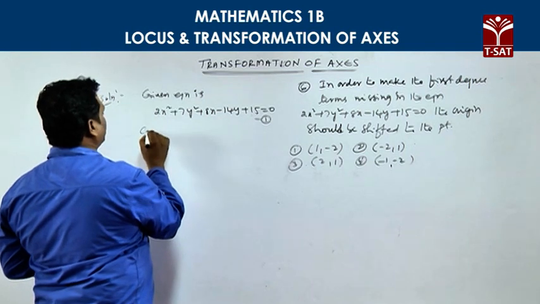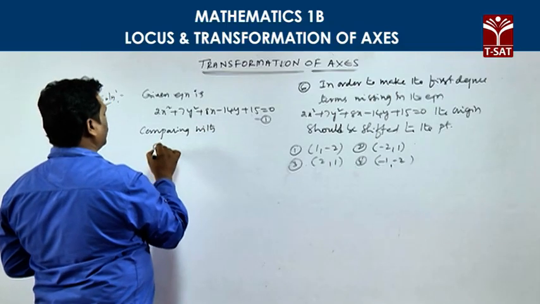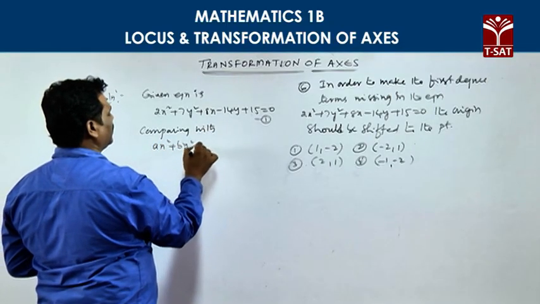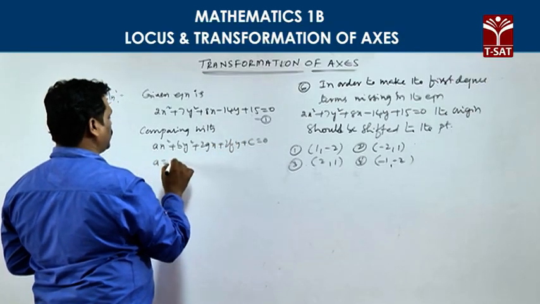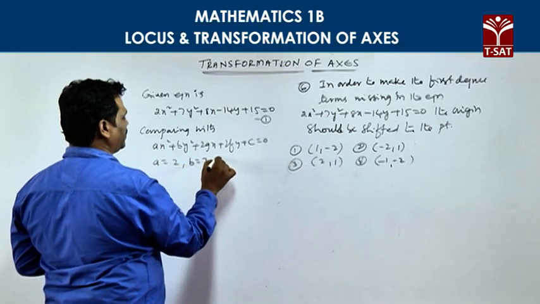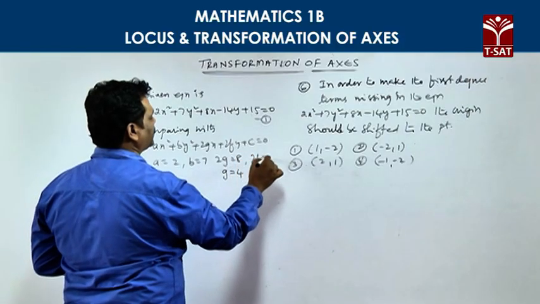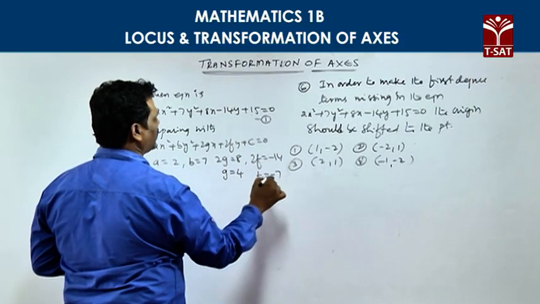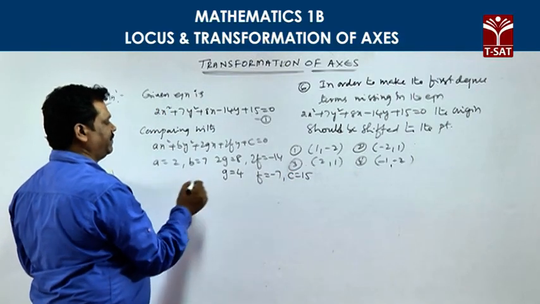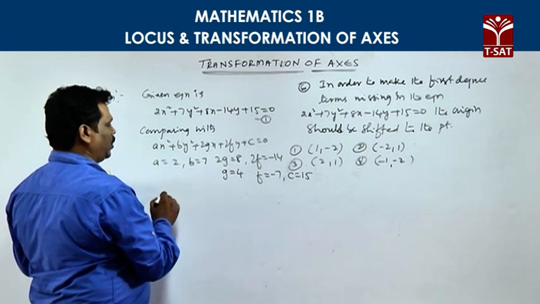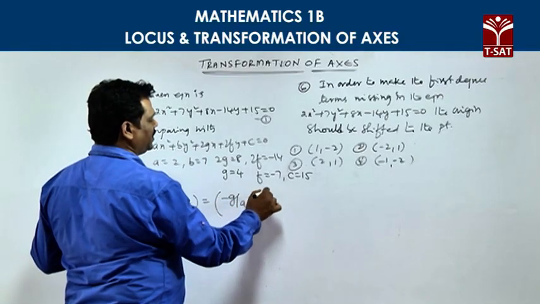Comparing with ax square plus by square plus 2gx plus 2fy plus c equal to 0, a equal to 2, b equal to 7, 2g equal to 8, then g equal to 4, 2f is equal to minus 14, then f is equal to minus 7, c is equal to 15. So here the point is alpha comma beta is equal to minus g by a, minus f by b.